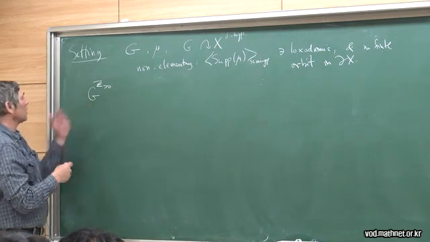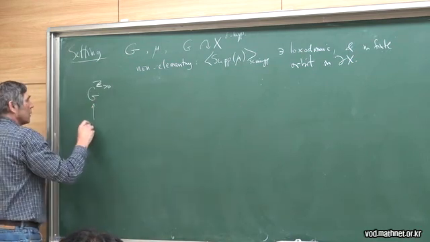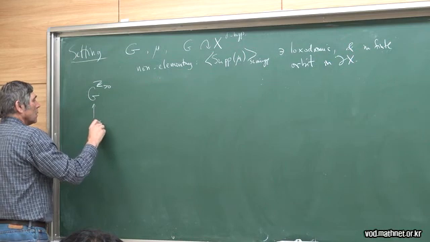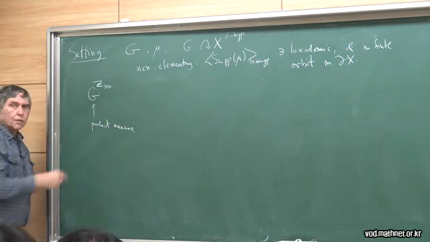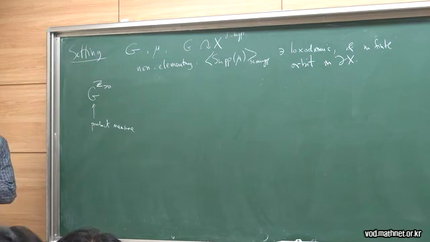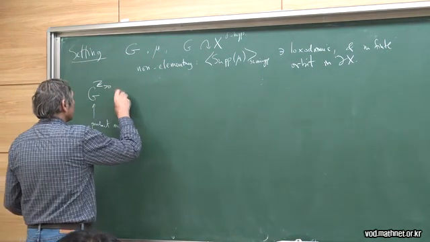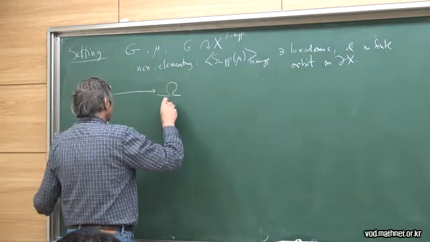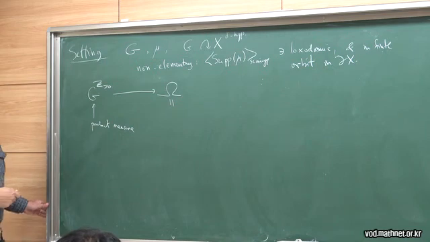So this product here is equipped with the product measure. And then, given a sequence like this, you compose, right? So this is how you build your path. So this goes to the space of paths, which is also, as a set, the same thing, but it will have a different measure.